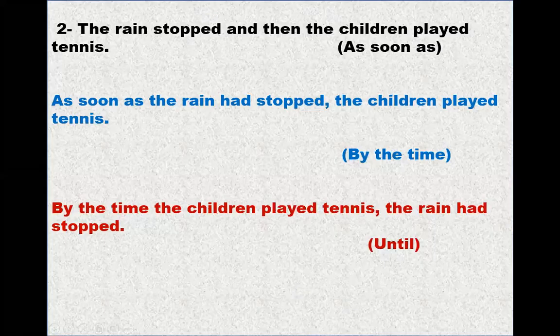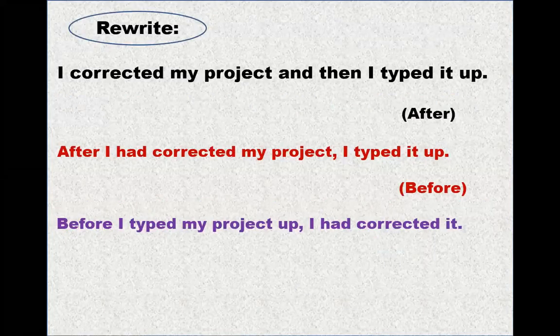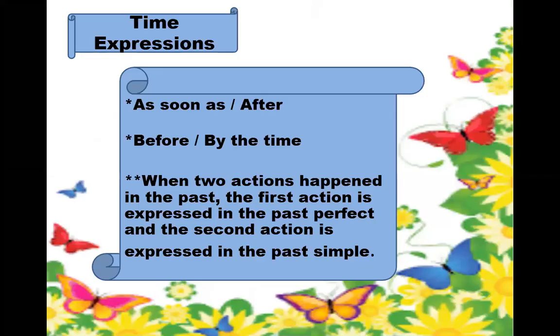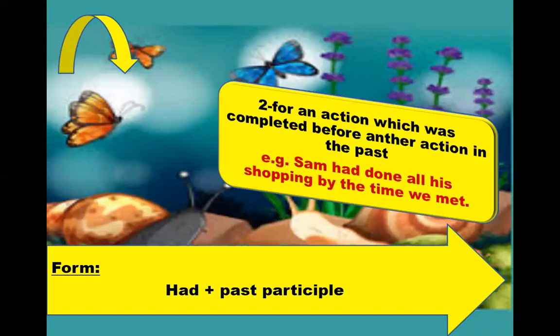Nada, yes. We are talking now about the past perfect simple, which form is had plus the past participle. The use of the past perfect: we use it to express an action happened before a specific time in the past.